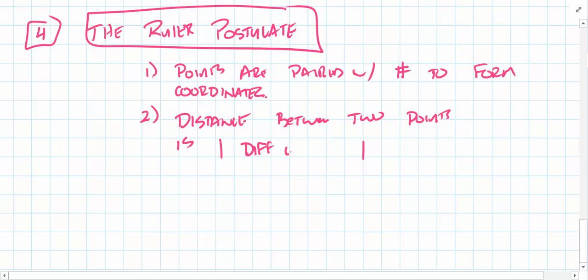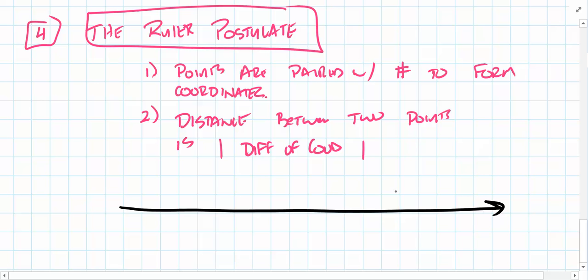Now, this seems so overly basic that we're just going to cover it super quick. So check this out. I'm going to give you a number line, and I'm not even going to give you all the numbers on that number line because it'd be way too many. I'm going to give you this point over here. Call this B. I'm going to give you this difference of the coordinates. If this is 0, I'm going to call this -10, and I'm going to call this 7.